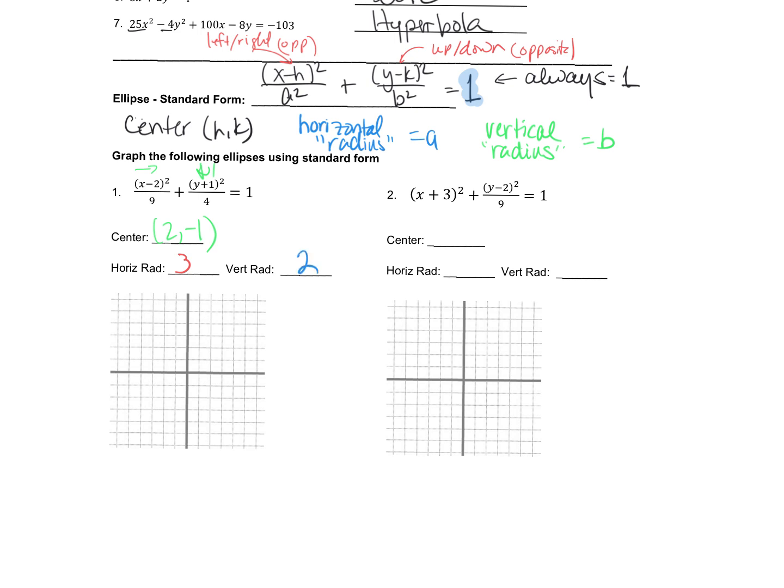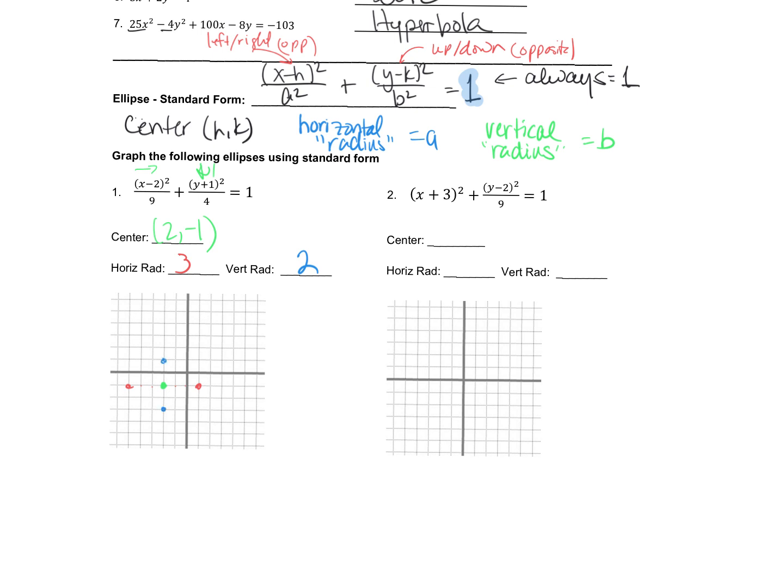So we're going to graph it just like anything else. We're going to plot our center first, 2 and down here at -1. Then the horizontal and the vertical. Let's do the horizontal first. We'll go over 1, 2, 3 each way. The vertical is up 2 and then down 2.